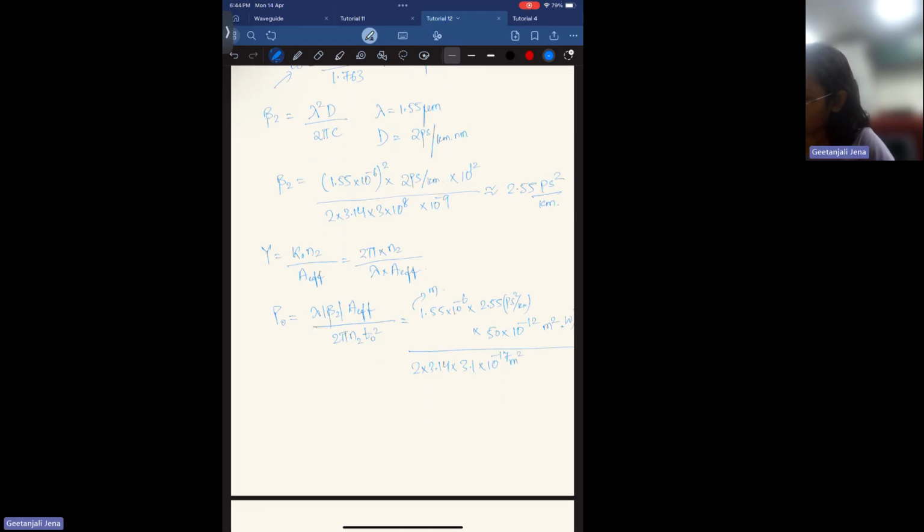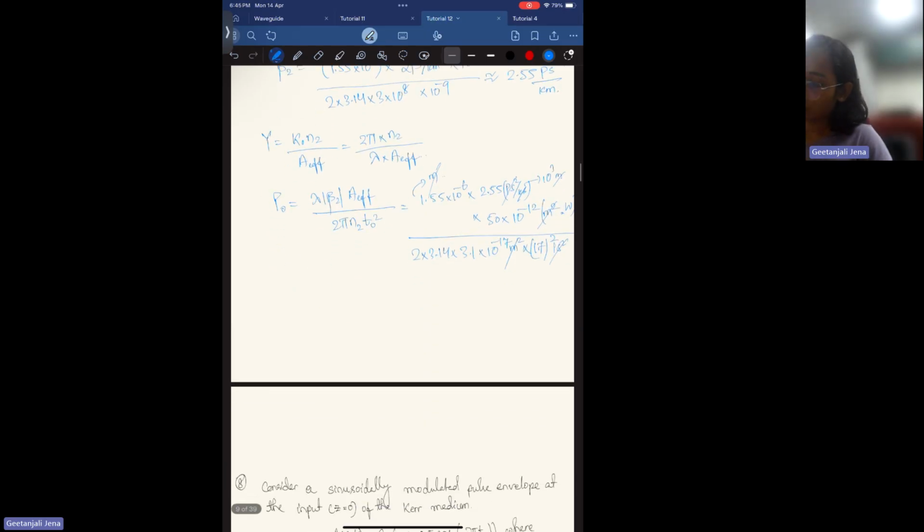I'm just writing the units also so that the final value will be exact. And we have T0 square, which is 17 picosecond, so 17 square. Picosecond square will cancel here, meter square will cancel with this one, and if we convert kilometer into 10 to the 3 meter, then this will also cancel. So we have the unit in terms of watt.